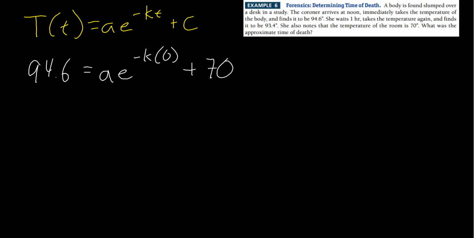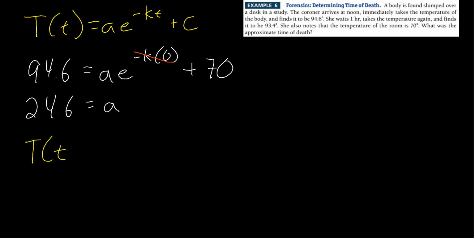Solving here, this is pretty easy mental math. The exponent goes away because it's 0, and e to 0 is just 1. So 24.6 is equal to A. So we figured out what A is. Now we have to figure out what K is, so I'm going to have to rewrite this equation.